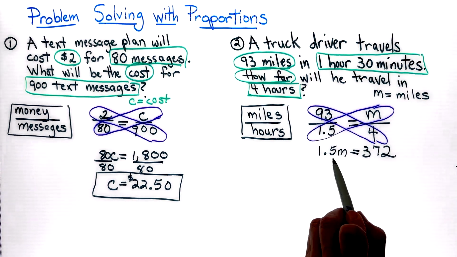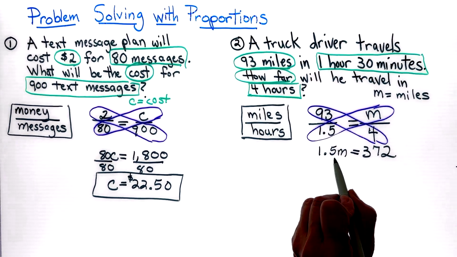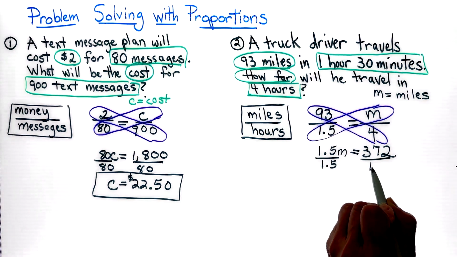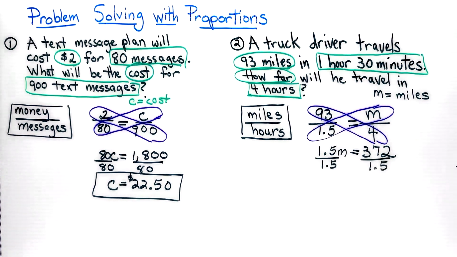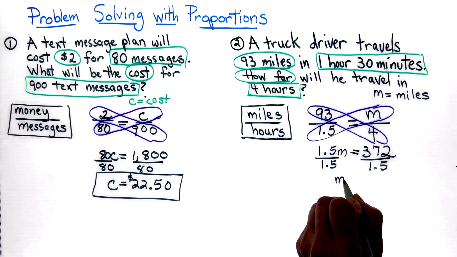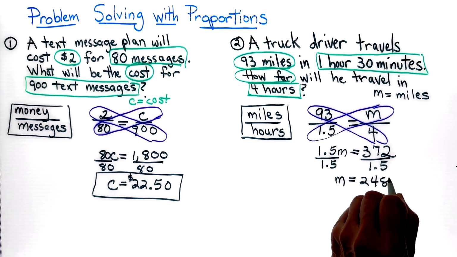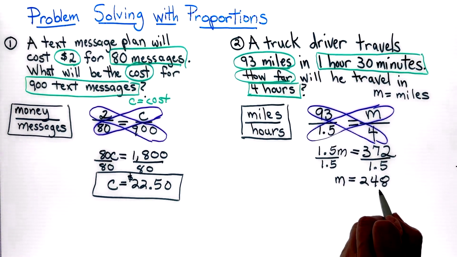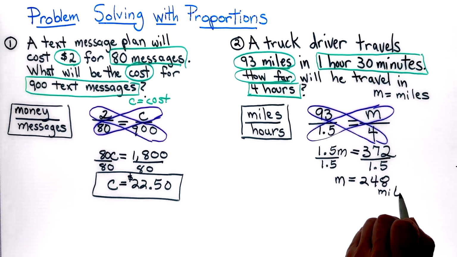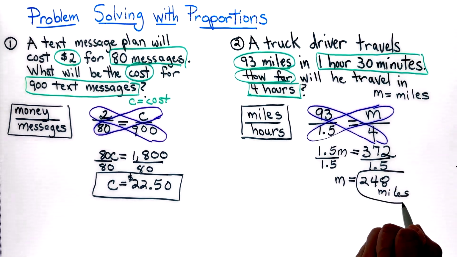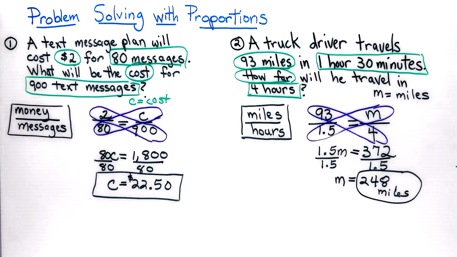Now, since this is multiplication, whatever is near my variable, I must divide. And we will find out just how far the truck driver went when we do that division. So M is equal to 248. So he did go 248 miles in that 4-hour time period.